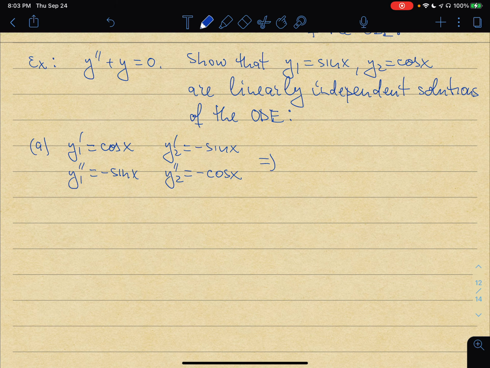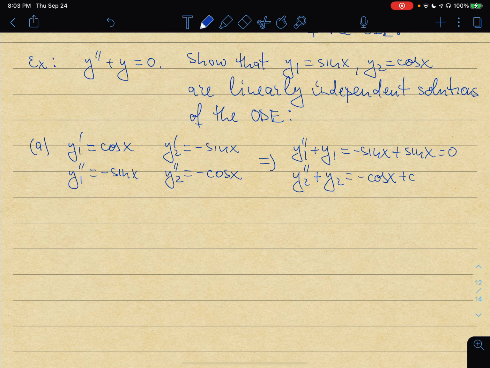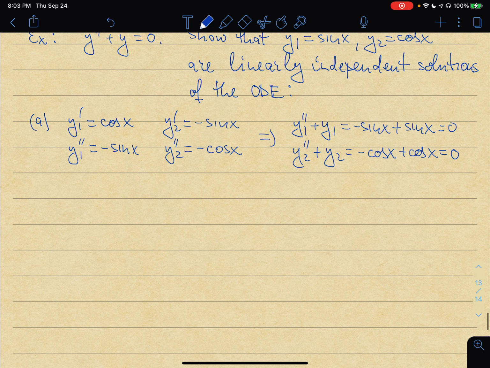So therefore, if I take y1 double prime and add y1 to it, y1 double prime is minus sine x, y1 itself is sine x, this is equal to 0. Y2 double prime is minus cosine of x, y2 is cosine of x, so once again, if I add those together, I'm going to get zero. So the conclusion from this computation: y1 and y2 solve my ODE.